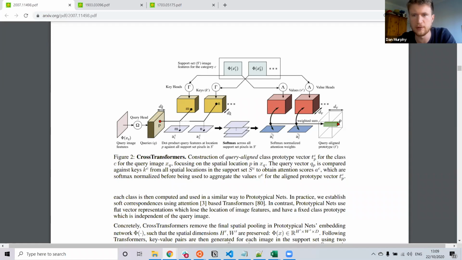So that we can get our query aligned prototype. Yeah, because the transformer is calculating the centroid basically. So you have to make it line up with the image.